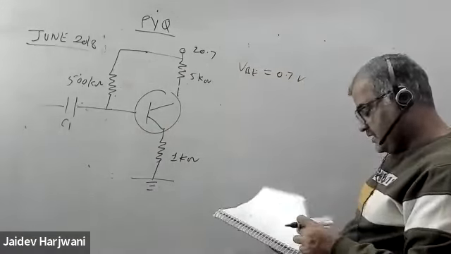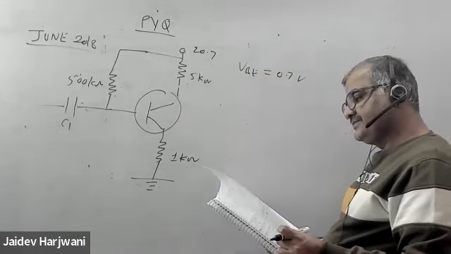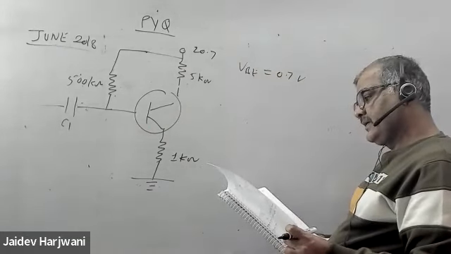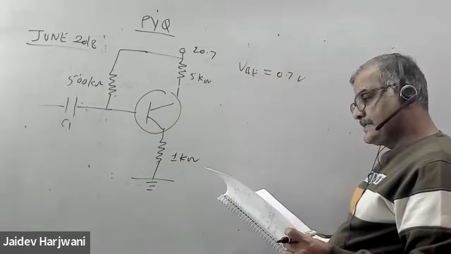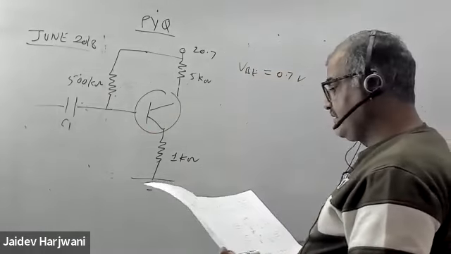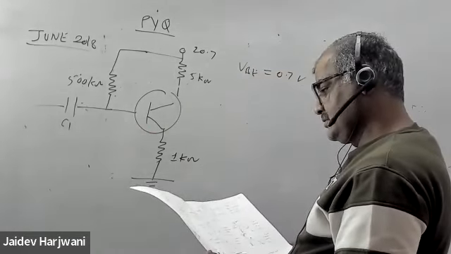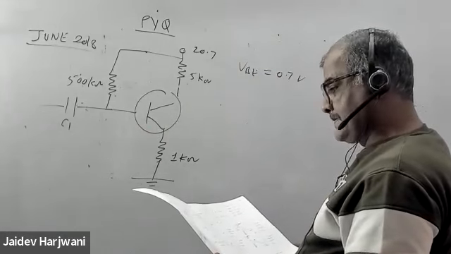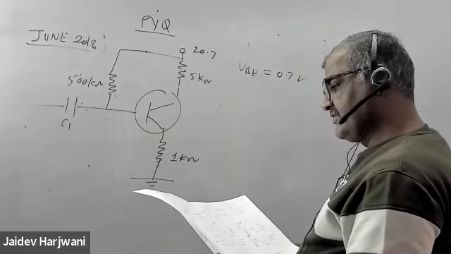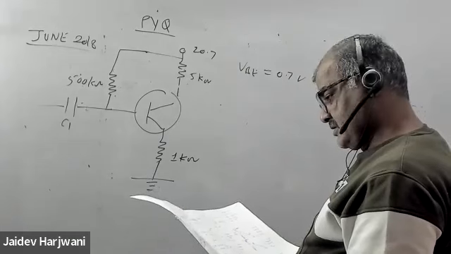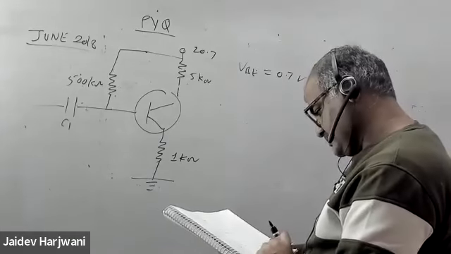Now they are asking you to find the value of IB. How much can you take the beta value? Let me check how much beta is given in the question.